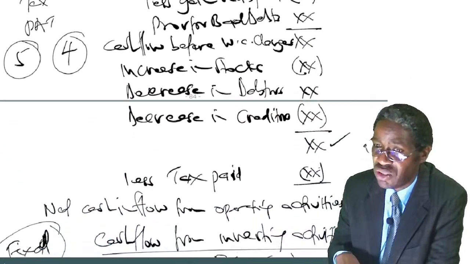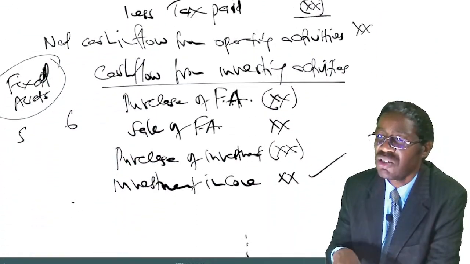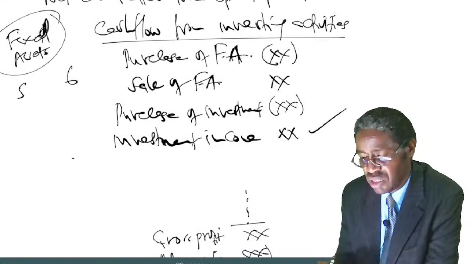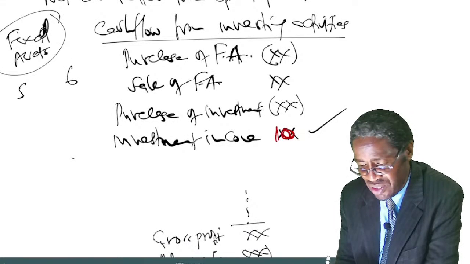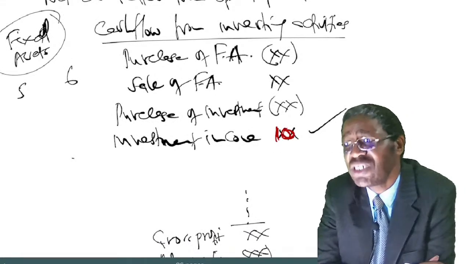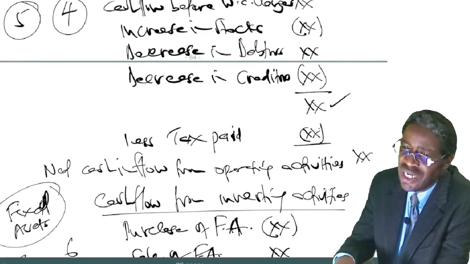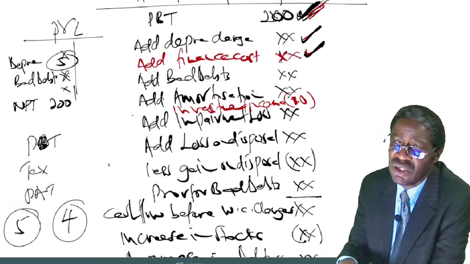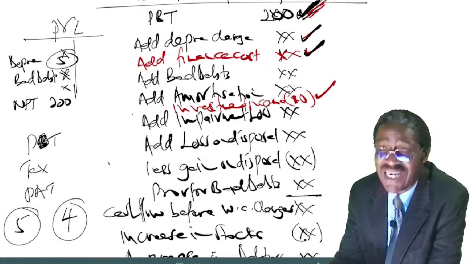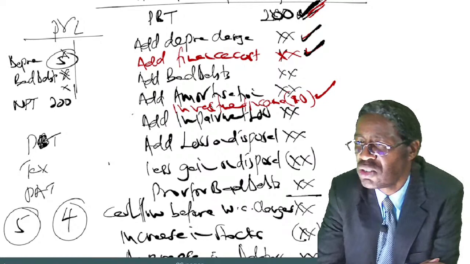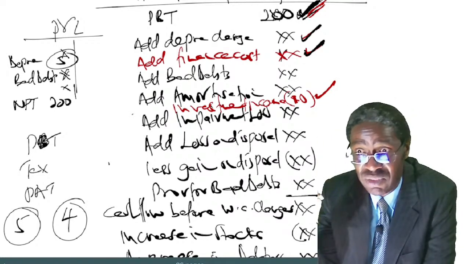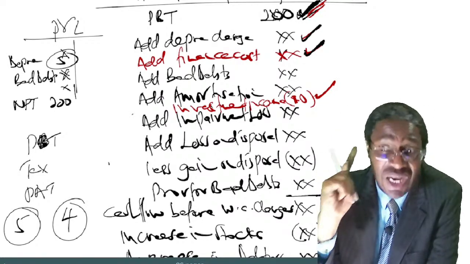Where does it belong? It belongs to the investing, that 10 million. So when somebody said deduct investment income, I am hoping he did not mean we are deducting because it's a non-cash item. No, it is a cash item.